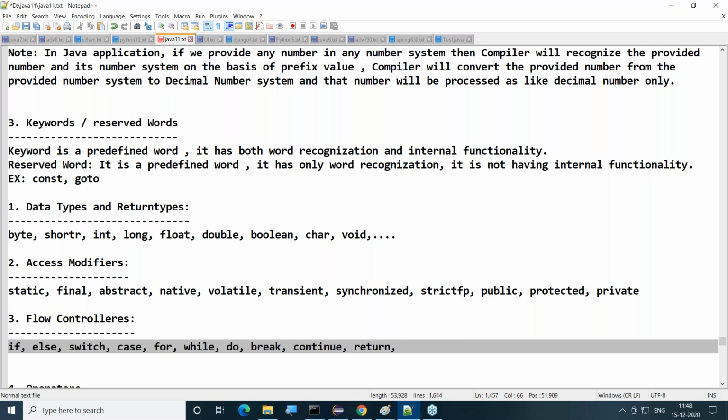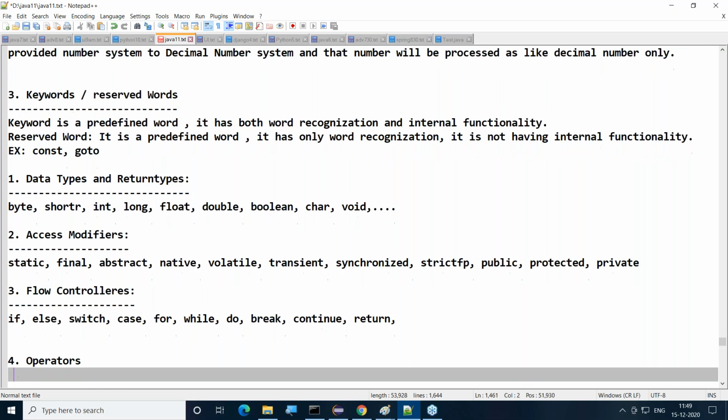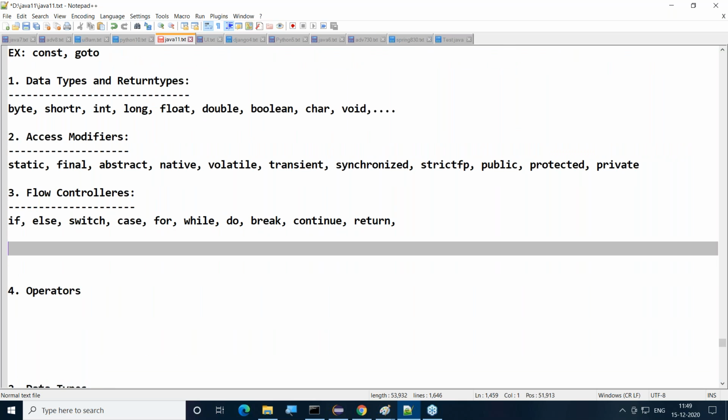Then after that, flow controllers. Right, these are about flow controllers.